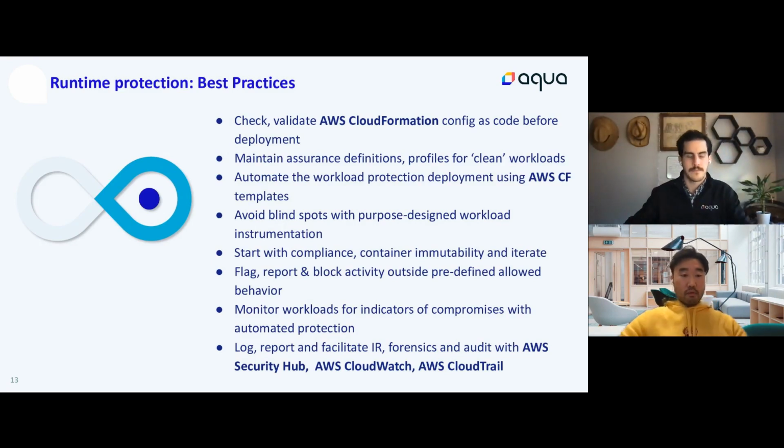And that's important to look at things like CloudFormation templates. And equally, if you look at things from a holistic perspective, you want to make sure that you're logging and reporting in order to facilitate incident response, forensics, and audits, with integration into AWS Security Hub, CloudWatch, and CloudTrail.